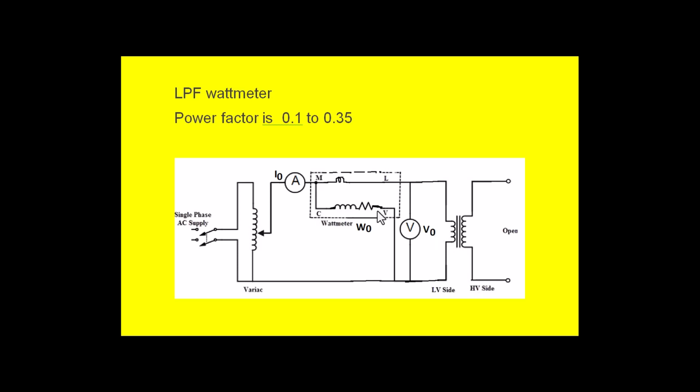But whereas the applied voltage is rated, so the core loss can be obtained, and that is measured by the wattmeter. And because the power factor of the no load transformer is very low, that is 0.1 to 0.35, the wattmeter used here is LPF wattmeter.